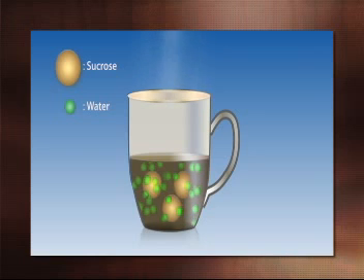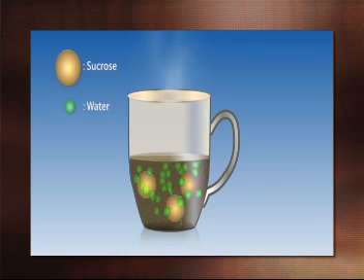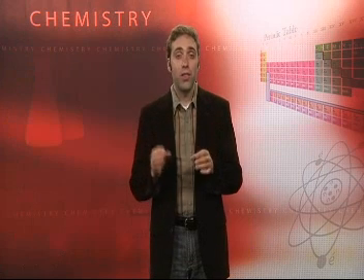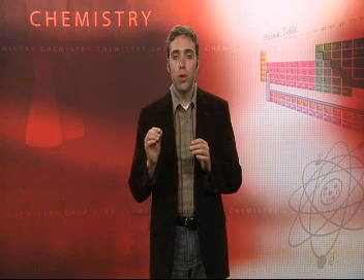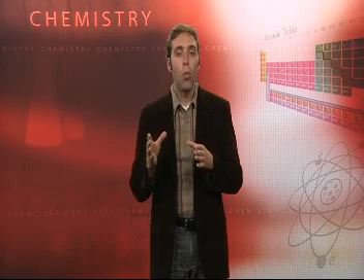Energy is needed to break the bonds between the sucrose molecules, as well as between the water molecules, so that the sucrose molecules can be sent into the solution. Sugar is able to dissolve in water because energy is produced when the slightly polar sucrose molecules form bonds with the polar water molecules.